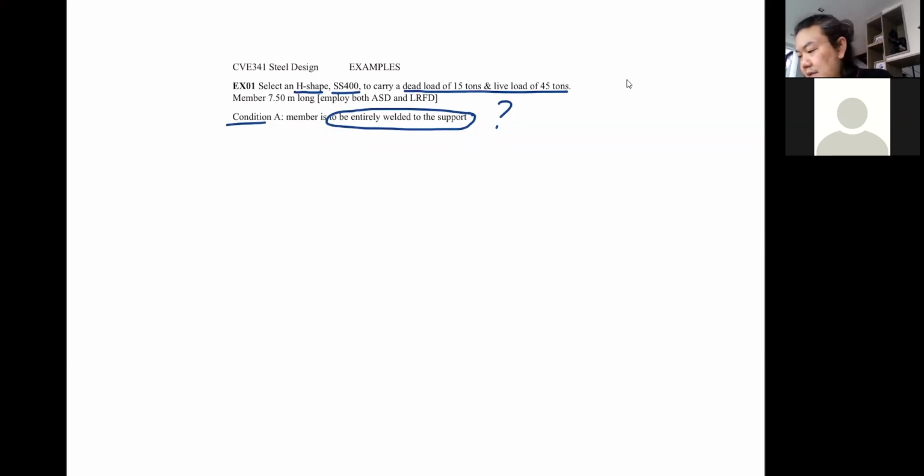So both flanges and web will be connected, so no shear lag.